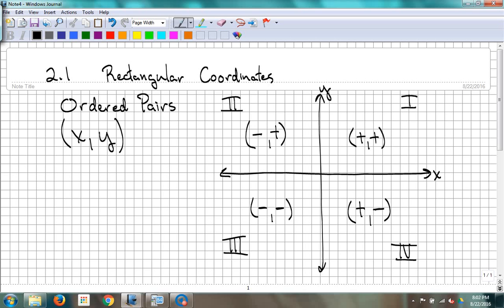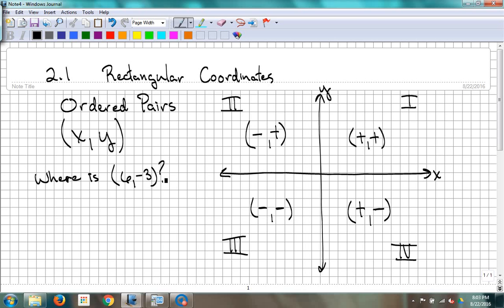Okay? What that does for us, knowing that, is it helps us tell where a point should end up. So if we look at an ordered pair and say where is 6, negative 3?